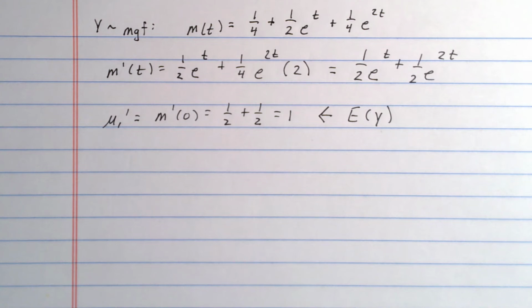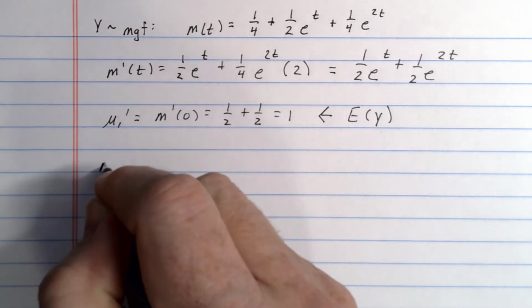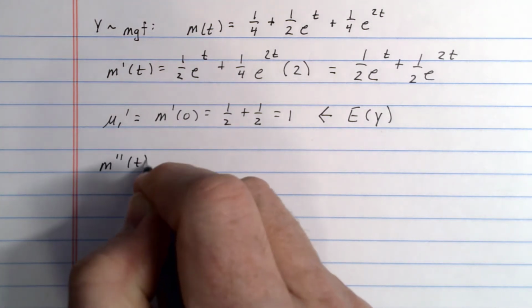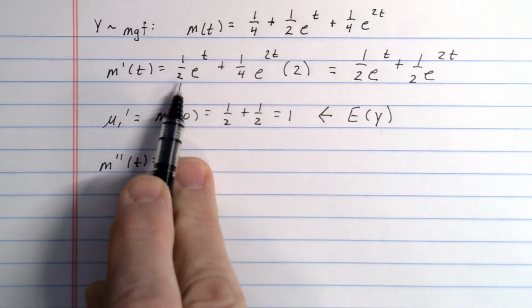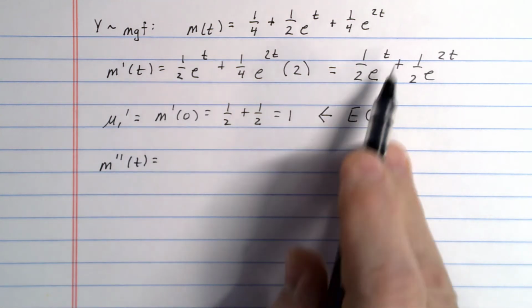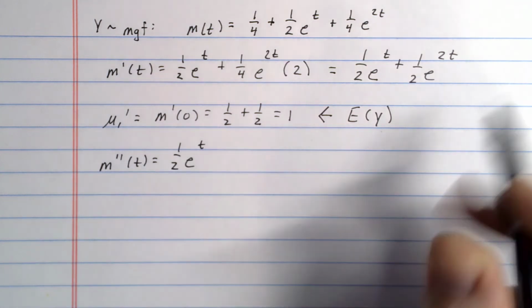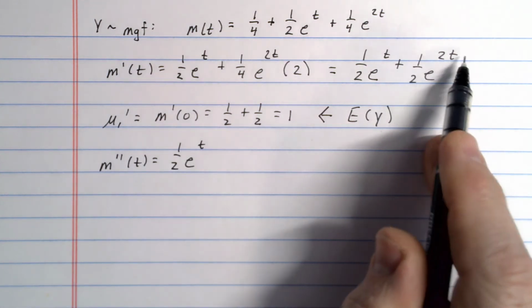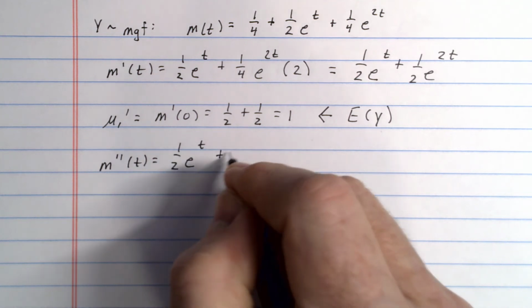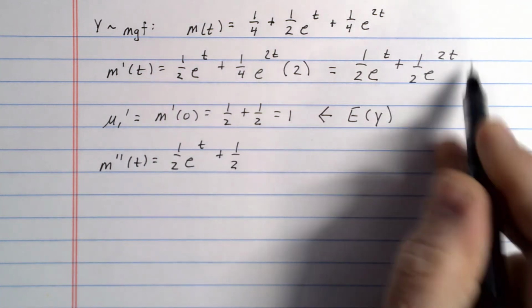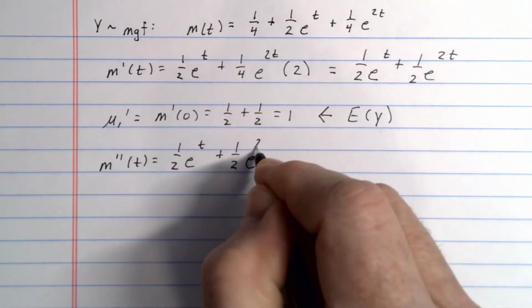To find the variance, we're going to need the second moment. So let's find the second derivative. The derivative here gives us 1/2 e to the t. Over here, we get 1/2 e to the 2t, so I'm going to leave my 1/2 there. Derivative of the outside function gives me e to the 2t.